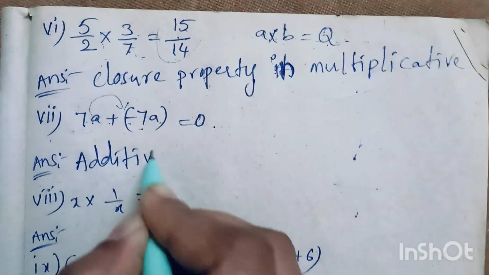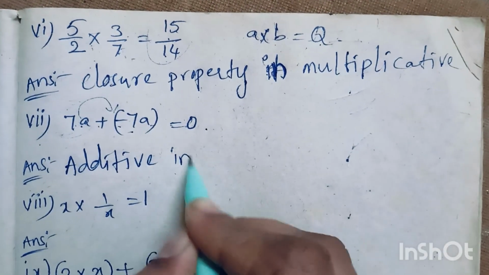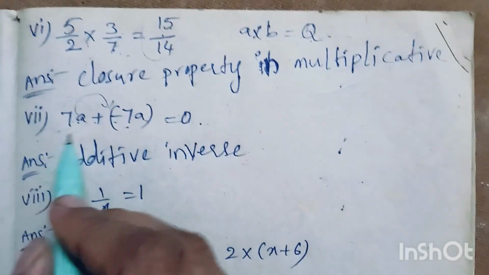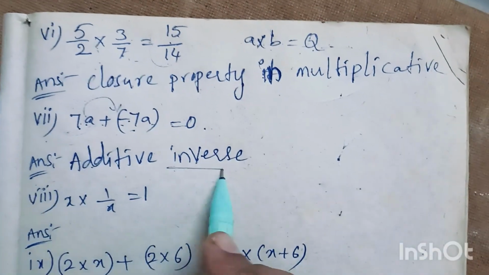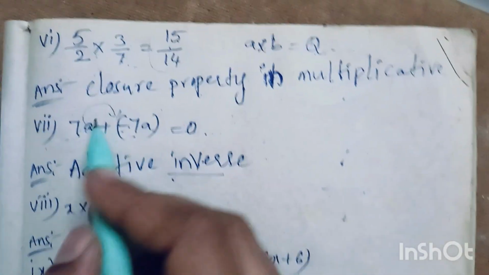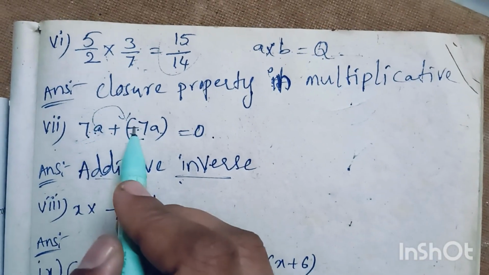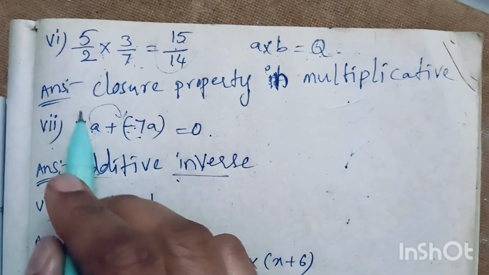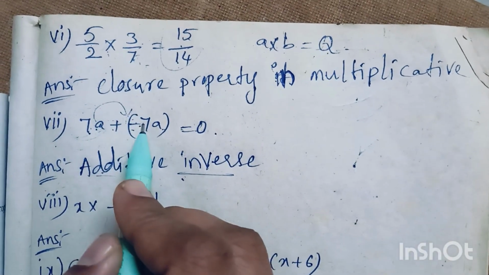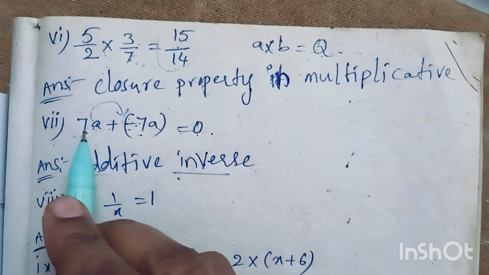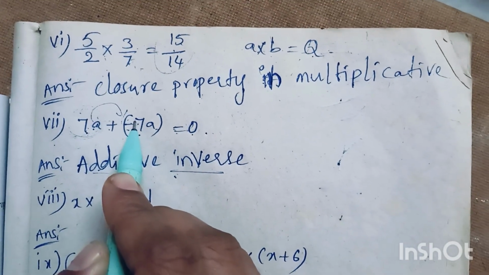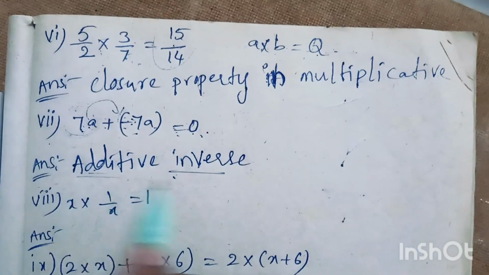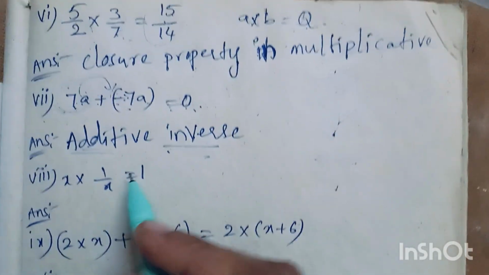Additive inverse. 7a's additive inverse is minus 7a. So that's why it is additive inverse. The sum of a number and its additive inverse is 0. That is the additive property used here.